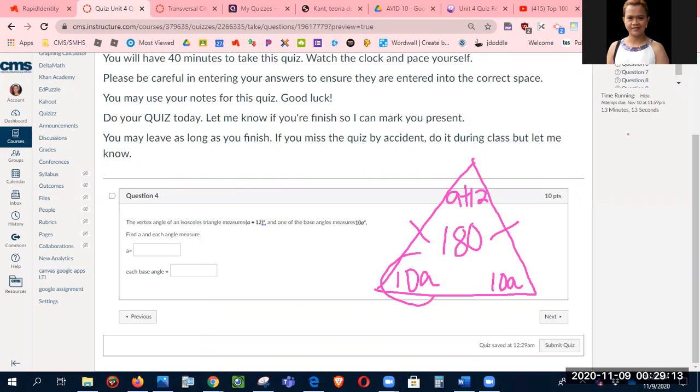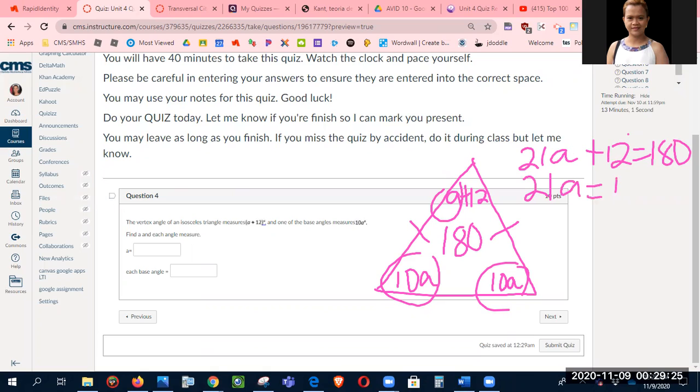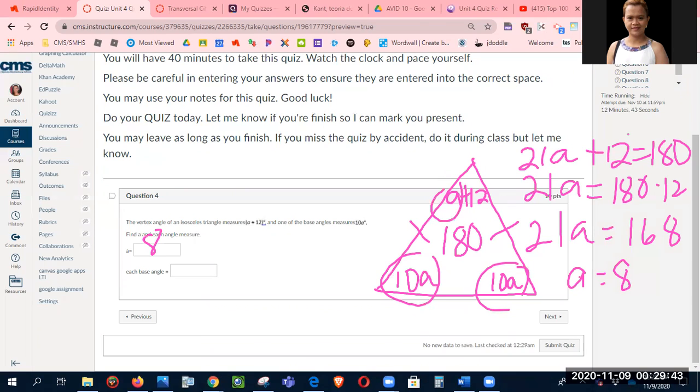So 10A plus 10A is 20A plus A is 21A plus 12 equals 180. So 21A equals 180 minus 12, which is 168. So 21A equals 168, divided by 21 gives 8. So your A is 8 and your base angles would be 80 each. 8 and 80.